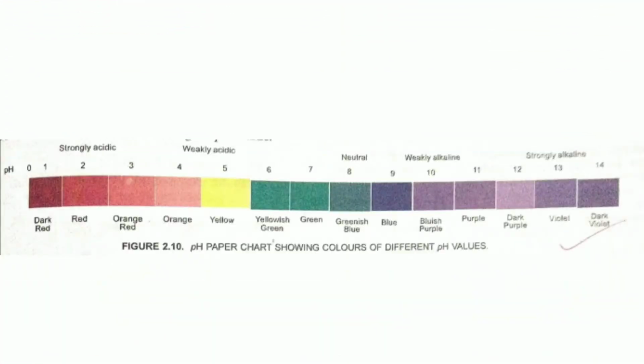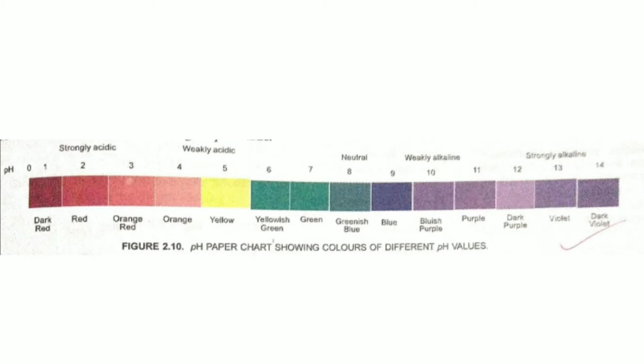Students, see this figure. This is a universal indicator. This universal indicator is used to predict the relative strength of a given acid or a base. Universal indicator is a mixture of several indicators or dyes. It shows different colors at different pH values.